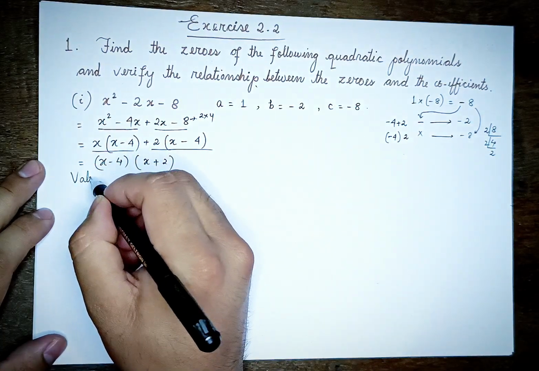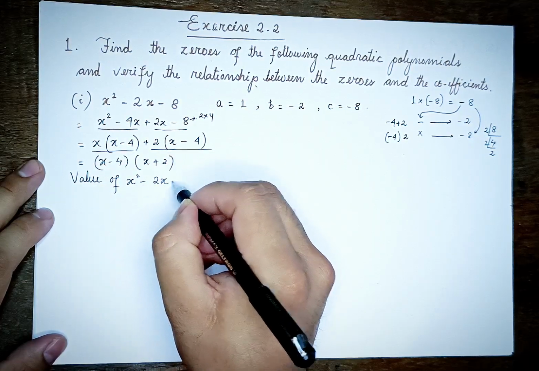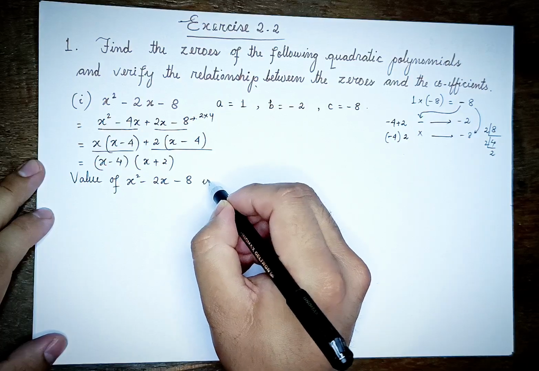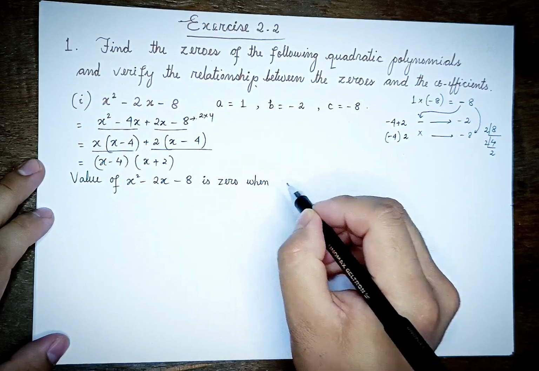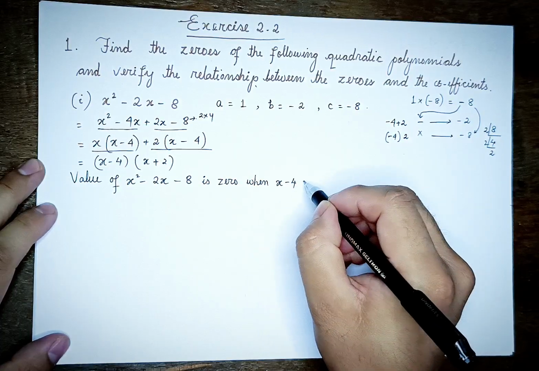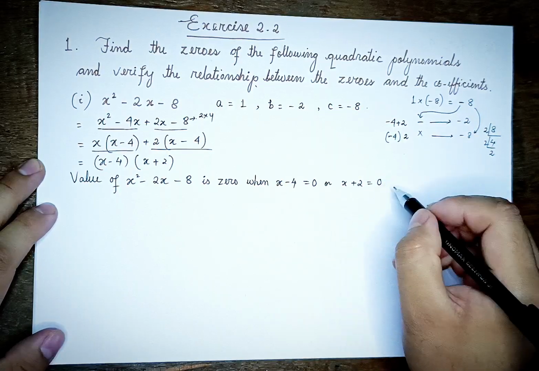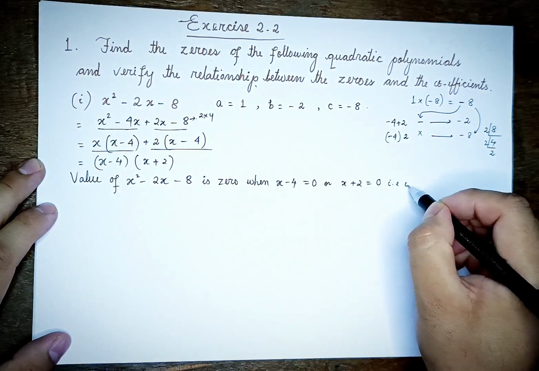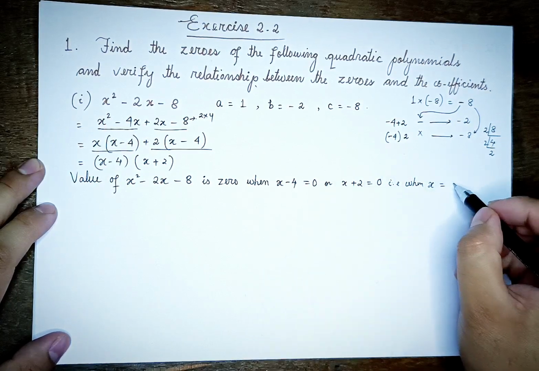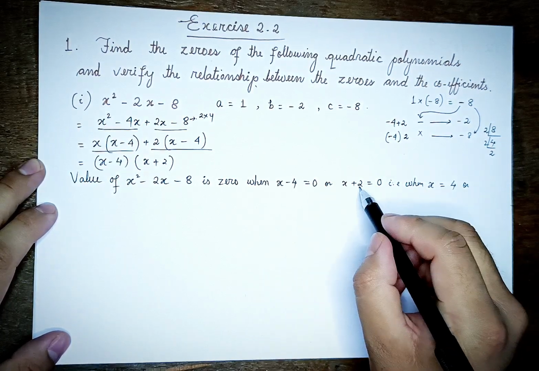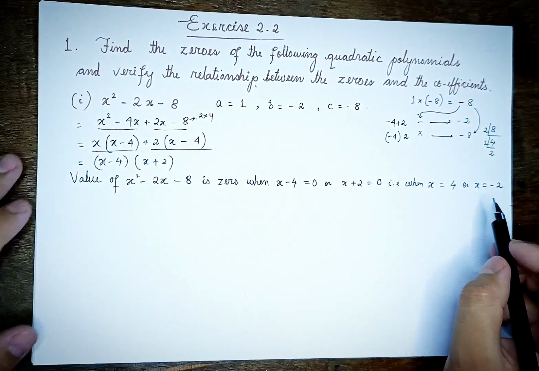That is, when x is equal to, transposing this minus 4 we get plus 4, or transposing this plus 2 we get minus 2. So our zeros are 4 and minus 2.